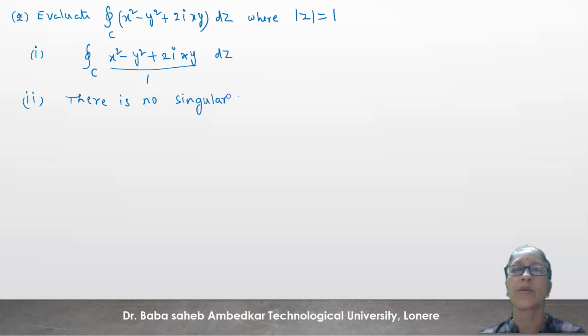There is no singular point or pole. Now, the given curve is mod z equal to 1. What does it mean?